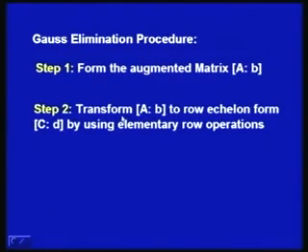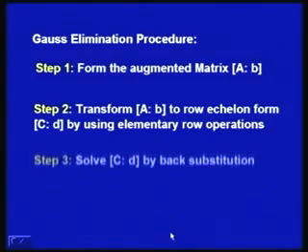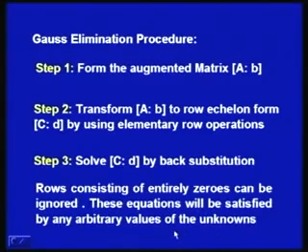So, this transformation will not affect the solution of the system, but the system will be simpler. Once we get the row echelon form, then we use back substitution to get the final solution.